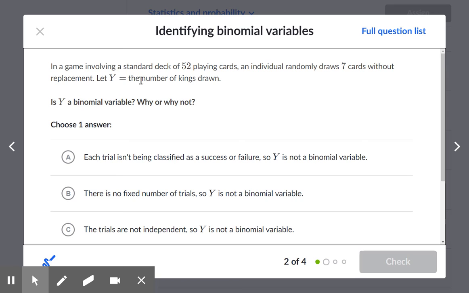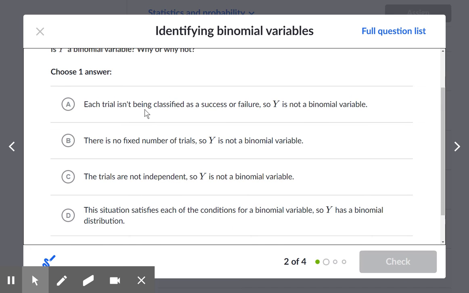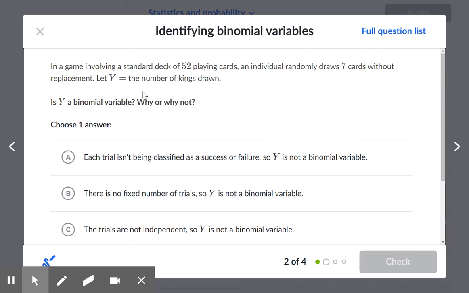Let y be the number of kings drawn in those 7 cards. So is y a binomial random variable? Each card is a binary outcome because it can be a king or not a king, right?